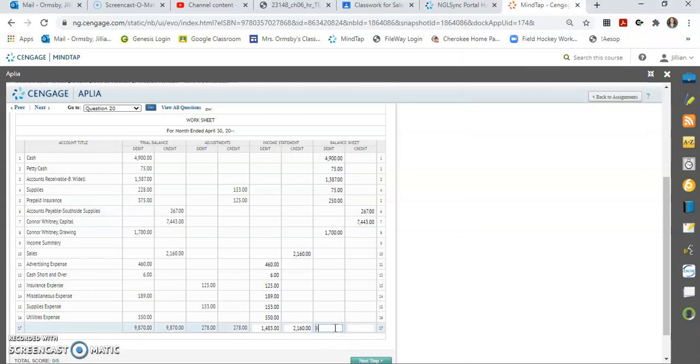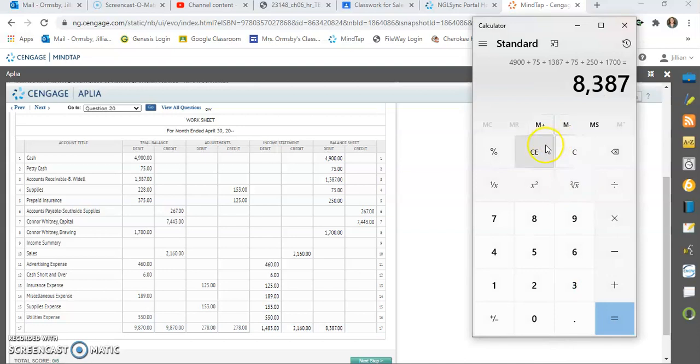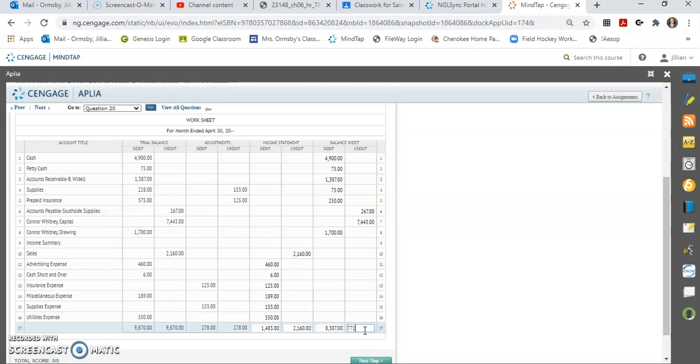So 8,387. And then this column, 267 plus $7,443 equals 7,710. Then we'll go to the next step.